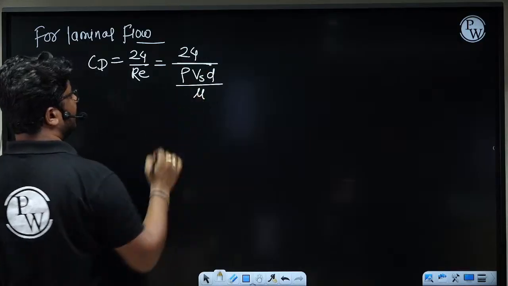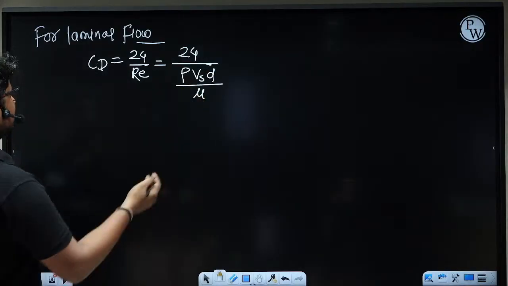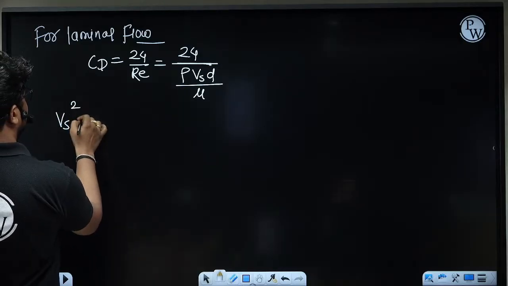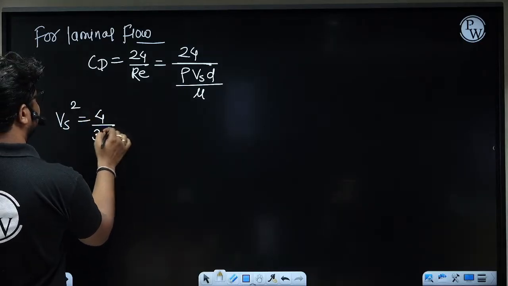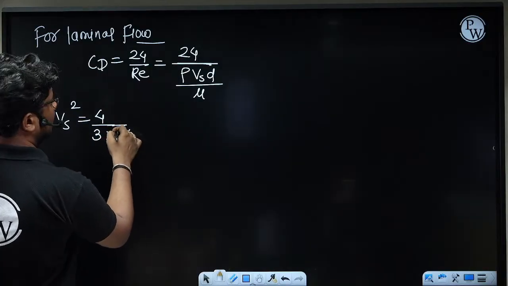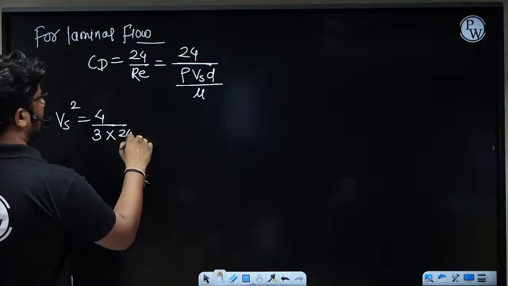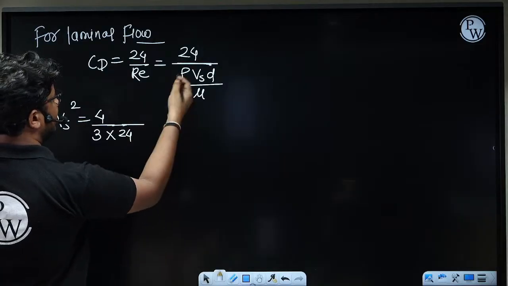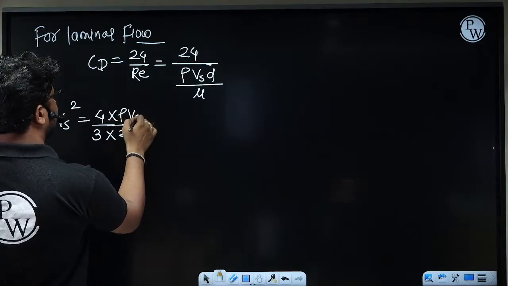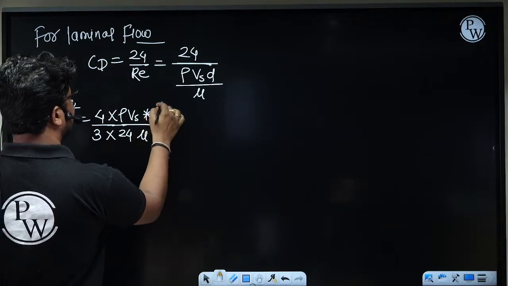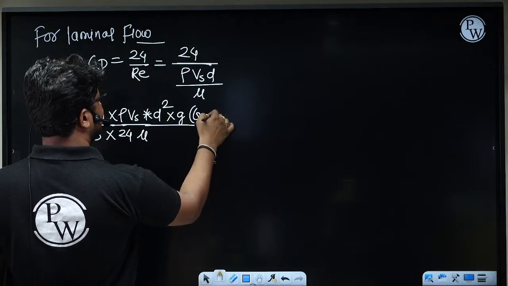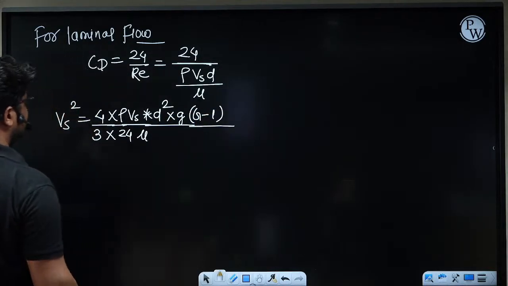Here we are taking it as Vs. So let us put this into the Vs formula. So Vs square is 4 by 3 CD. D we have 24 and the rest thing will go on the top. So 24 mu into rho into Vs into D. Already we have D into G, in bracket we have G minus 1.